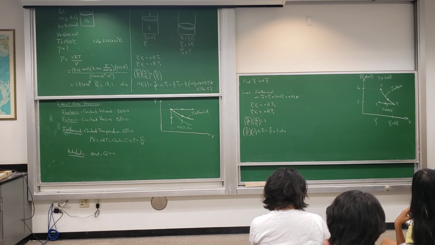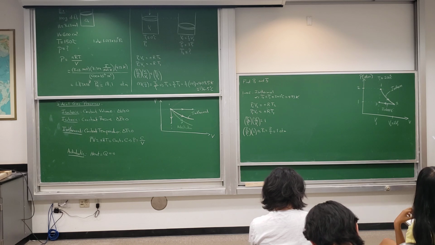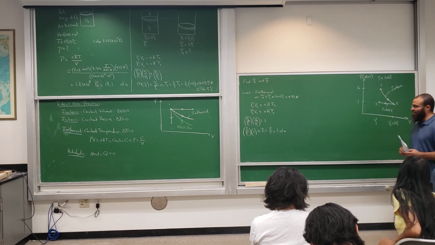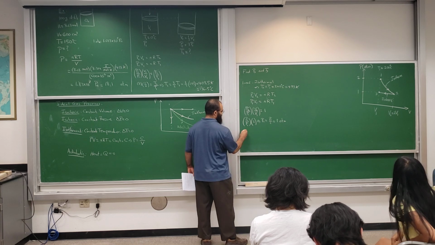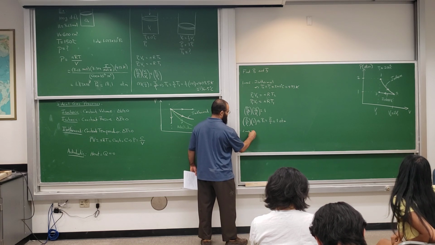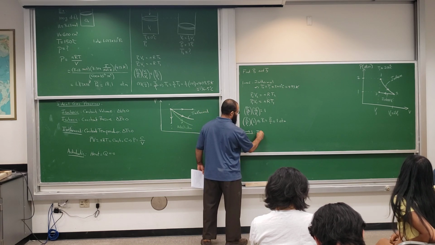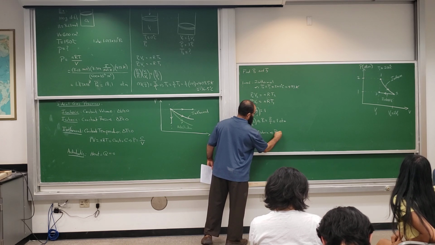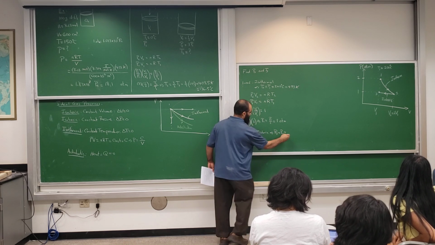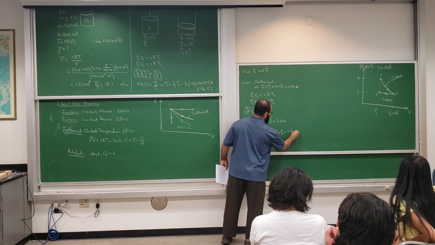Hey, we found P2. If we know P2, what else do we know? We know P3. So for this one here, going from 2 to 3, it's isobaric. That means P3 will equal P2, and it's equal to 1 atmosphere.